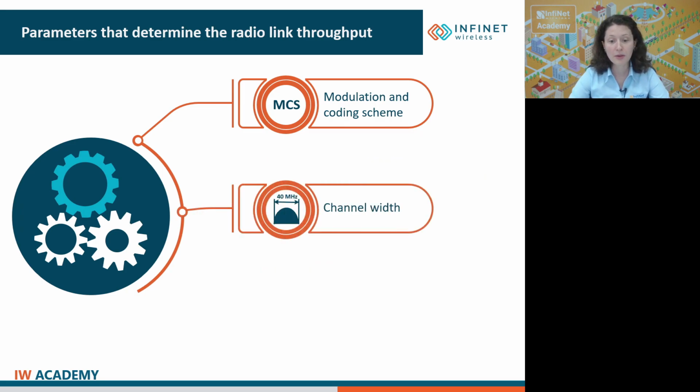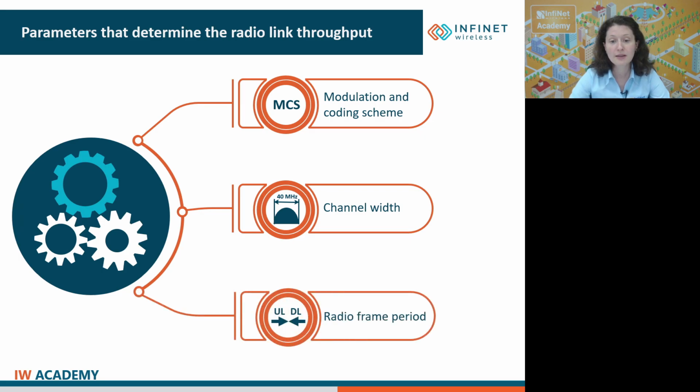Another key parameter is the frequency channel width. The radio link capacity can be increased by using a higher channel width for data transmission. However, each time we double our channel width, we also double the amount of noise. Last, we'll discuss the influence of the radio frame duration.